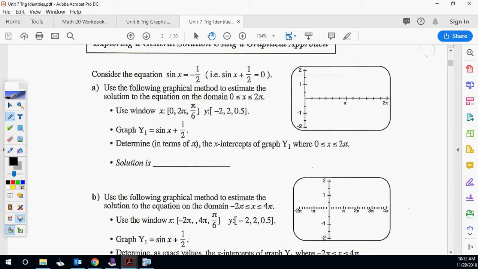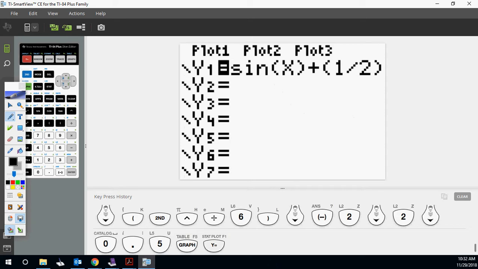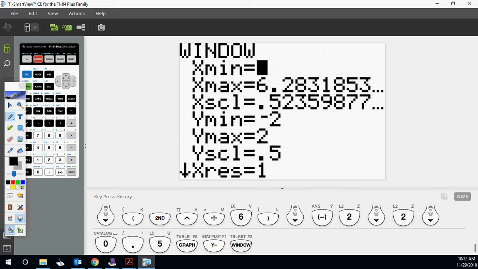Okay, so looking at the calculator, this is what you should have. I'll go through what you should have. Here's your y equals sine of x plus 1/2. And then we're going to look at the window. Okay, I know they're decimals now, but I put in there 2 pi.